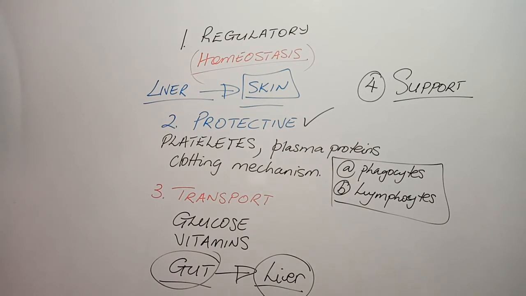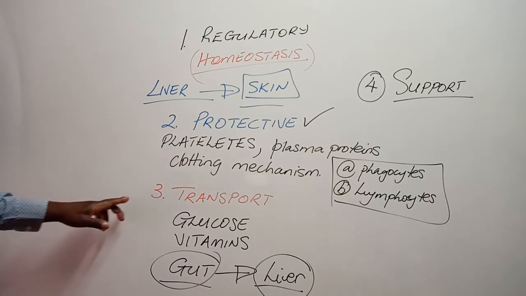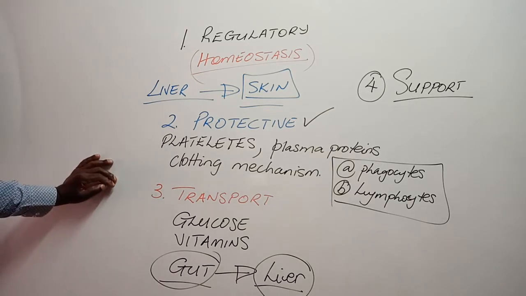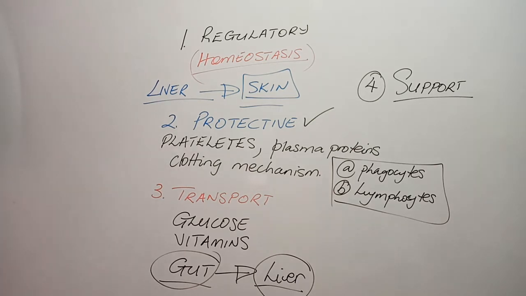The other role that is played, still under the transport function of blood, is transporting waste products. So the waste products that we have are urea. We also have lactate. So these waste products are transported to the liver and the kidney.